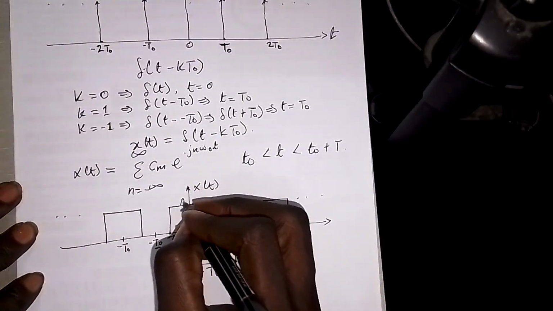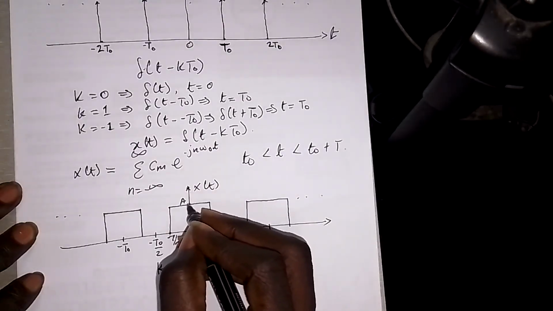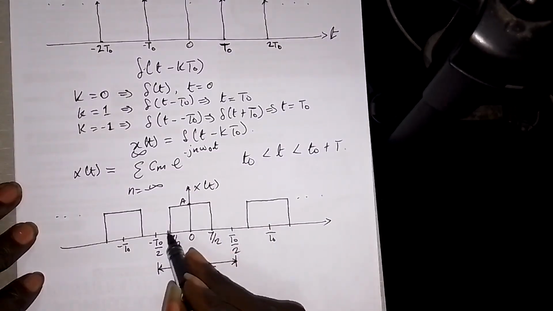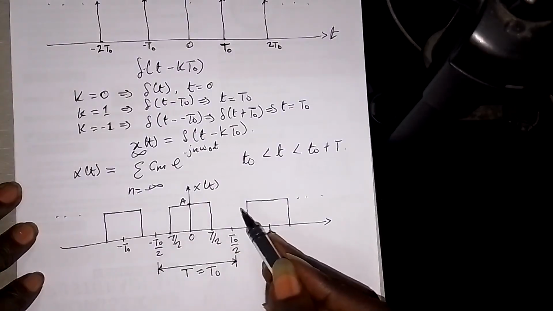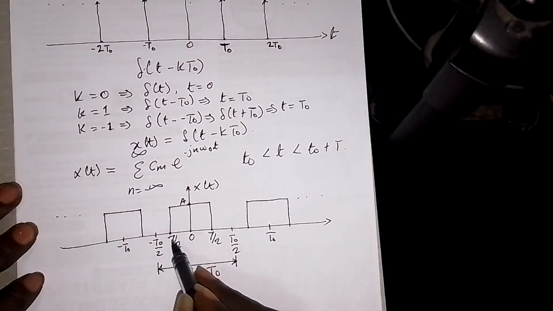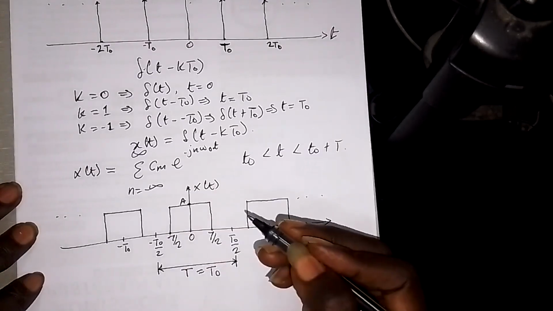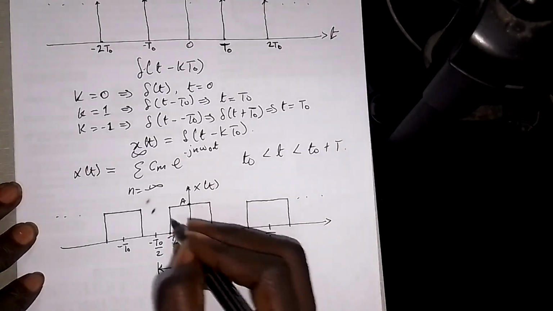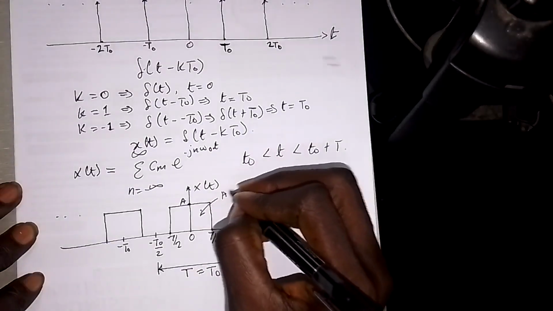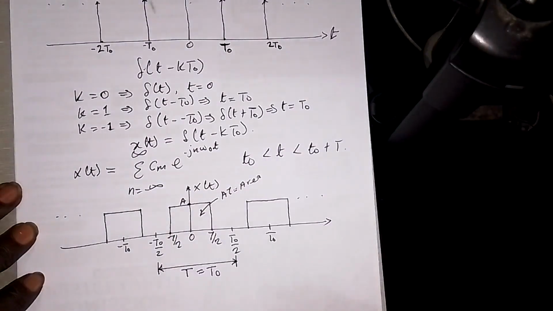Let's say my height, my value here, is A. Then what will be the area of this pulse? Area is length times breadth. The breadth here goes from minus tau on 2 to tau on 2, so the breadth becomes tau. Then the area of this pulse will be equal to A tau, because it is length times breadth.